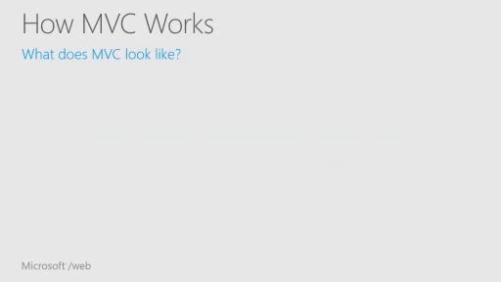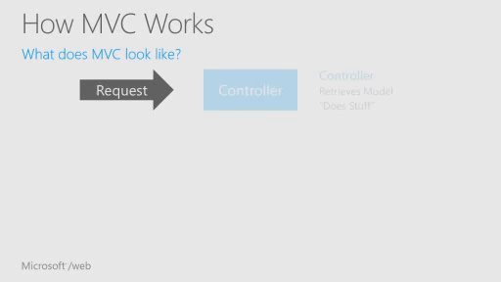So you've got to do the obligatory slides of how things work. And I didn't want to just do three boxes of model, view and controller, because those things never seemed to work for me when I was learning it. So you've got a request that comes in. And that request, through a feature called routing, goes to a controller. As Scott pointed out earlier, a URL doesn't map to a file. It maps to something else.